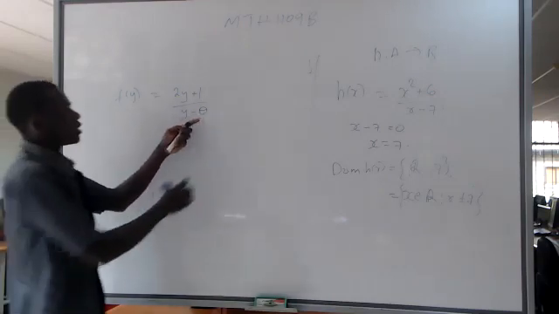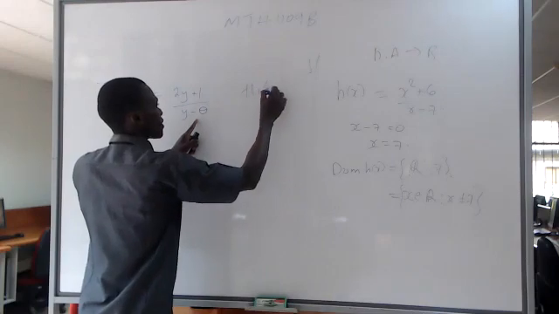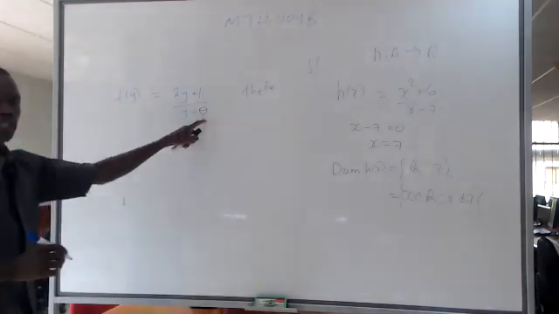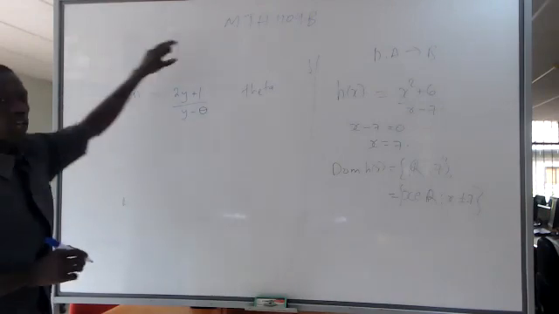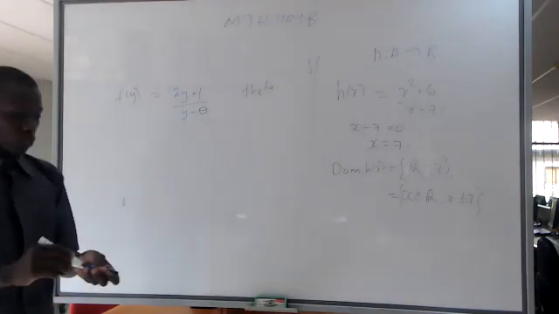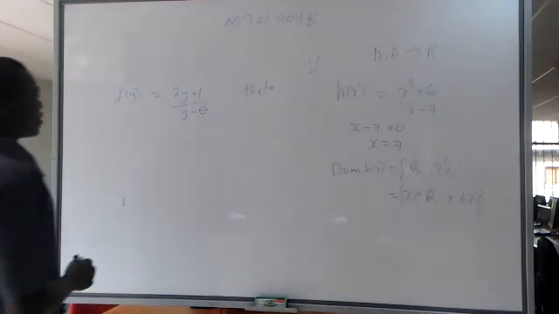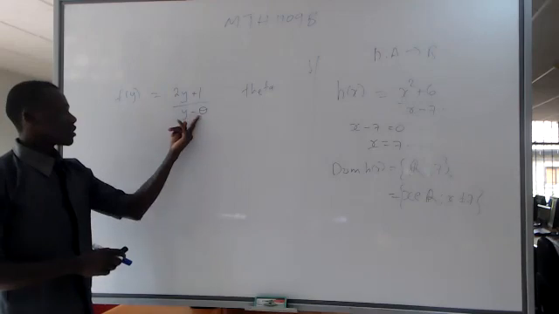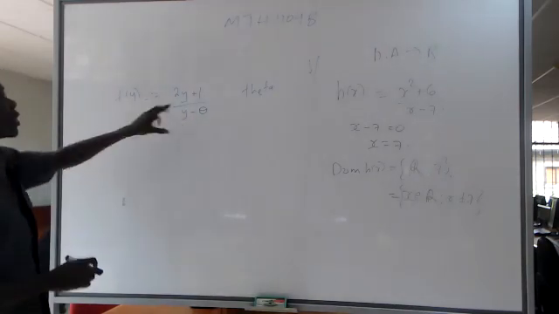This is a Greek letter, pronounced as theta. It's not 0. I remember in the instructions I told you that all the letters X, Y, A, B, C, theta, tau, gamma represent real numbers. So how do you find the domain of this function?